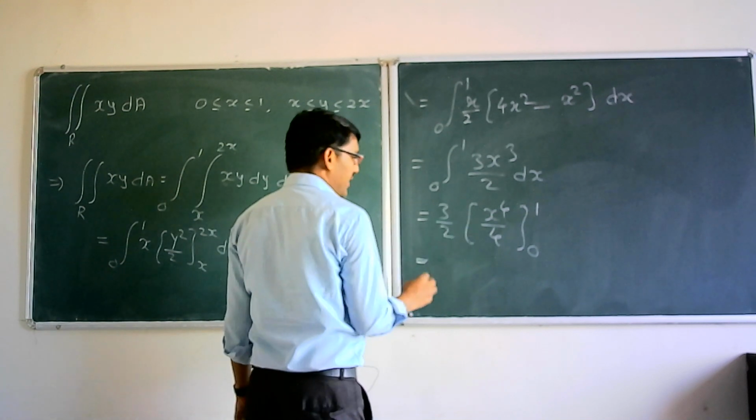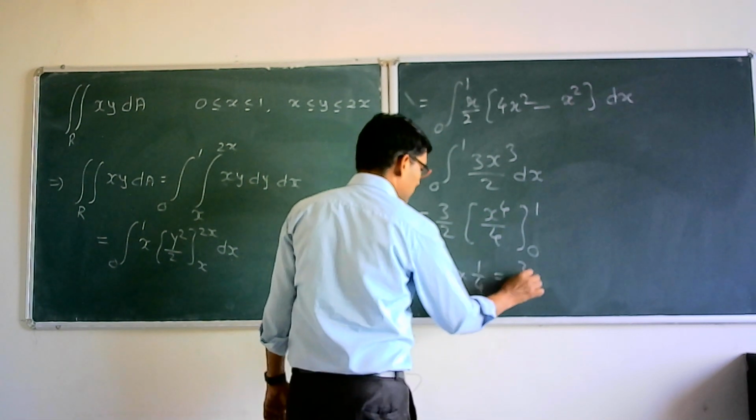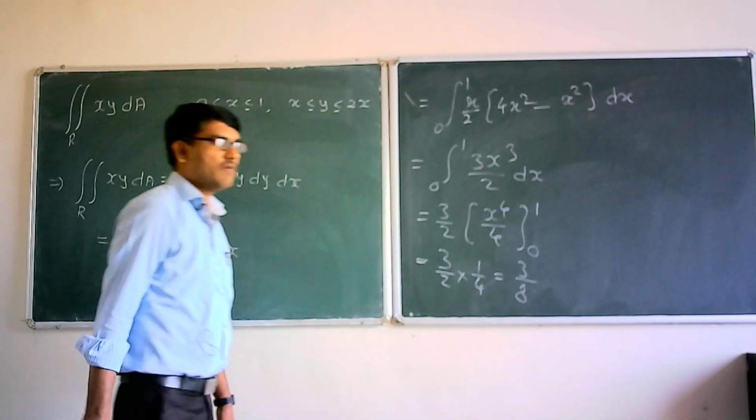Now put the upper limit and lower limit. You will get 3/2 into 1/4 is equal to what? 3/8. So this is the value of this integration.